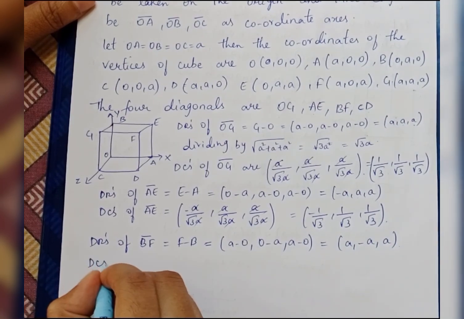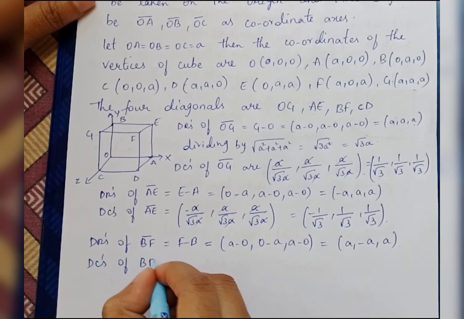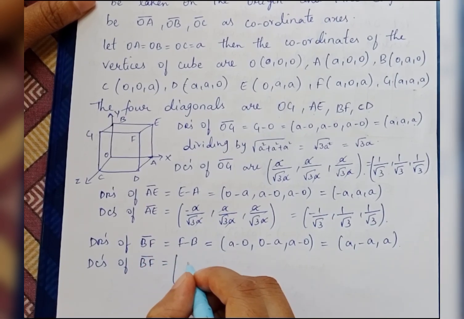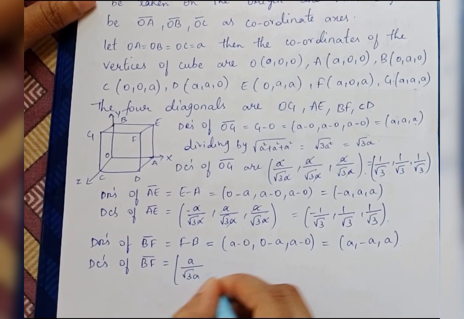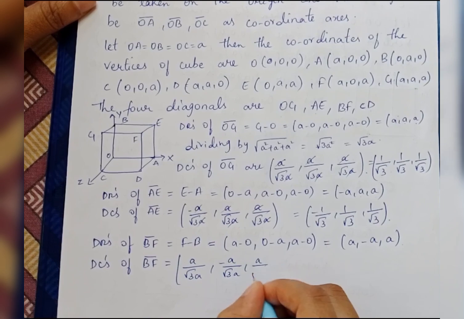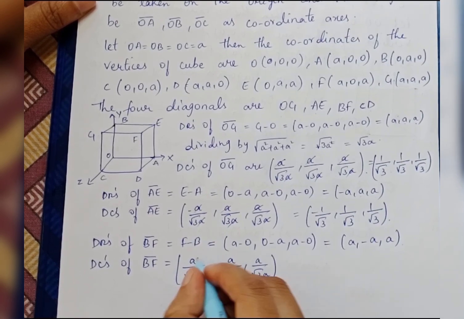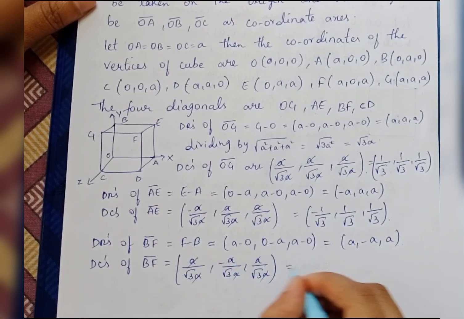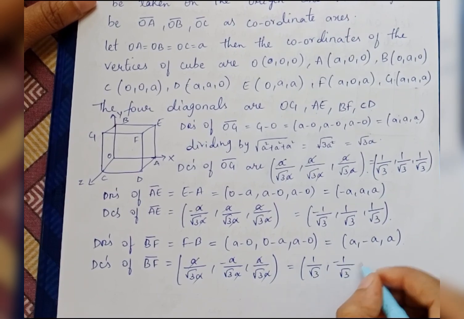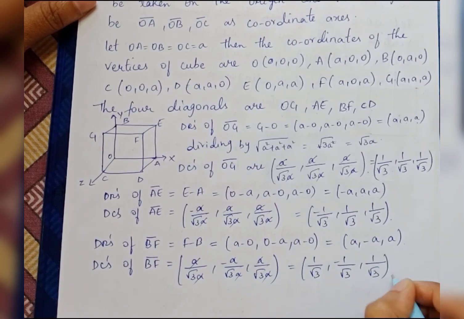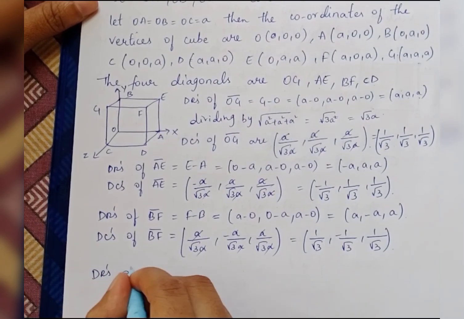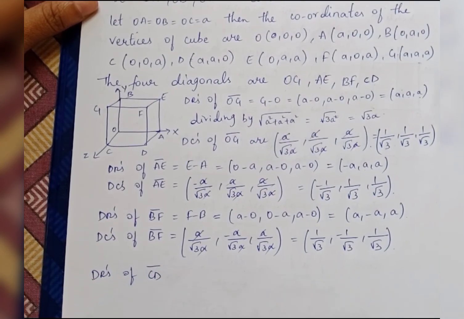DCs of BF bar can be given as a by √3a, minus a by √3a, a by √3a. So a gets cancelled, and it is 1 by √3, minus 1 by √3, 1 by √3. Okay.